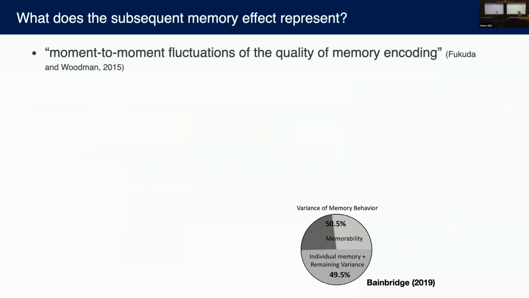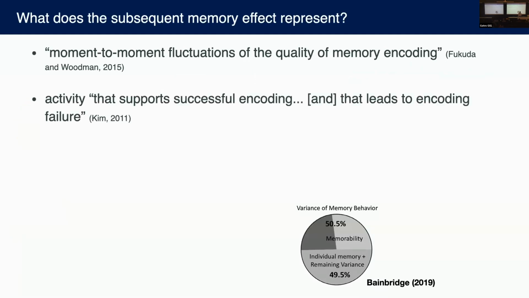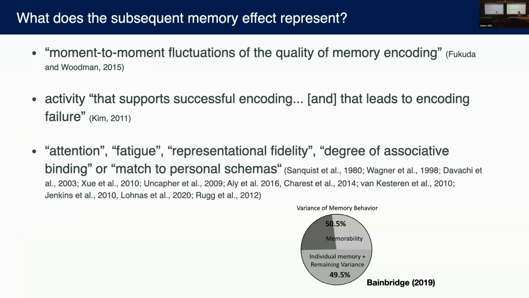A lot of people in the literature, despite everyone knowing correlation is not causation, are like, yeah, these are moment-to-moment fluctuations in the quality of memory encoding. In that meta-analysis, he was like, yeah, this is activity that supports successful encoding or leads to encoding failure.